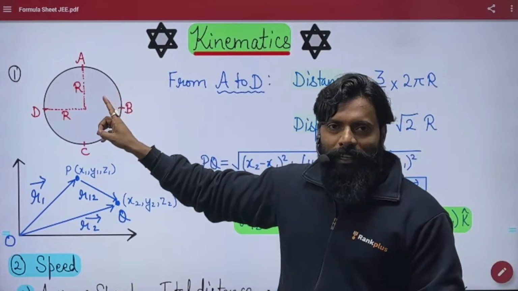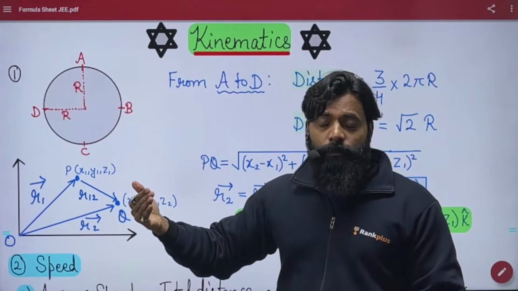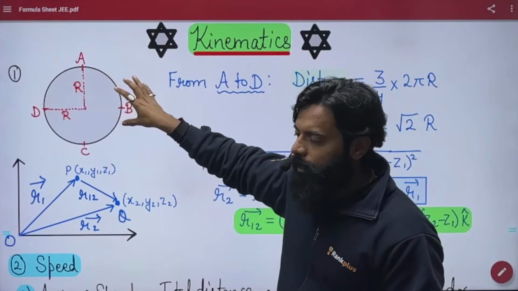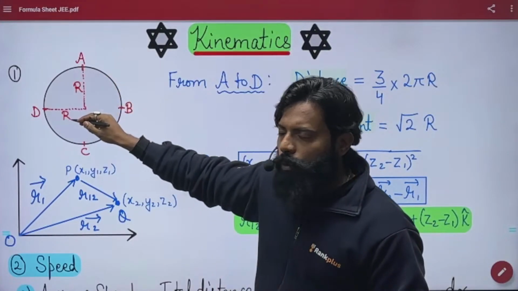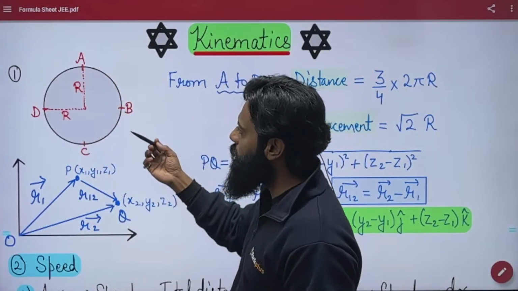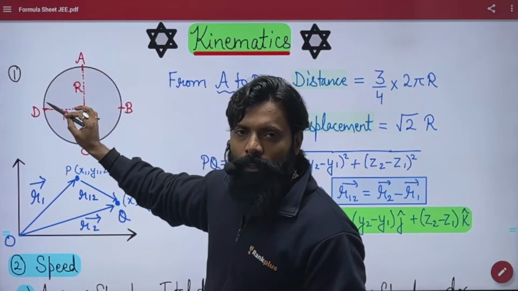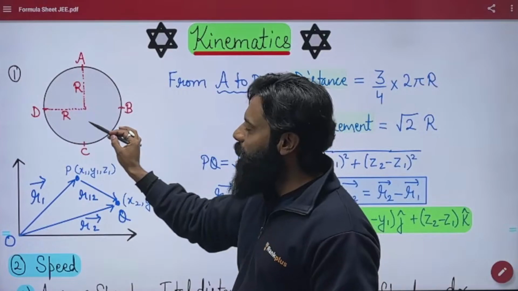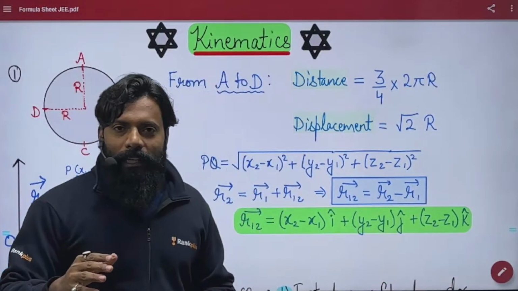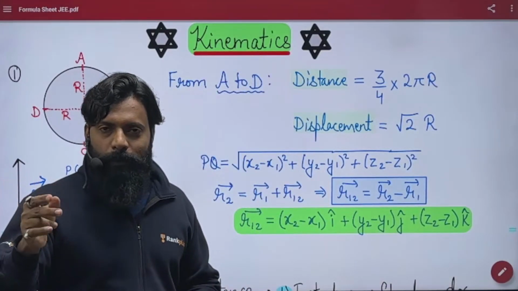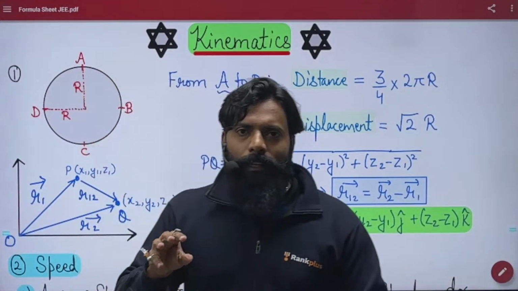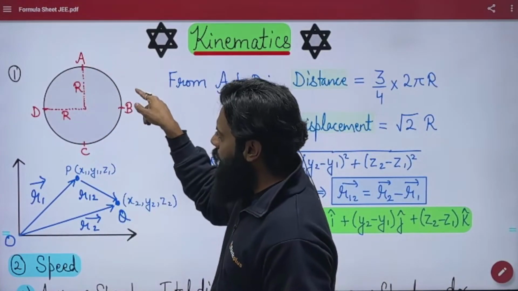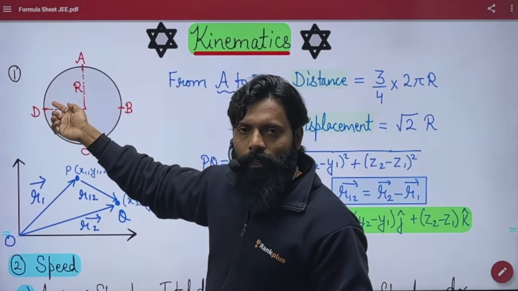First of all, we need to find out the distance and displacement in case of a circular motion. If one circle is given to you, its radius is given to you, and there are some points like A, B, C, D, you can start from any point and end up anywhere on the circle. The question might ask what the distance and displacement are in this scenario. Generally, if A is the starting point, D could be the ending point.